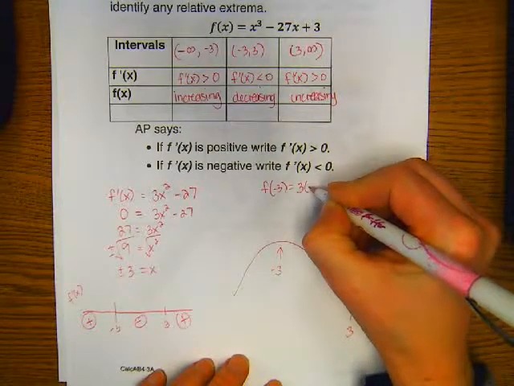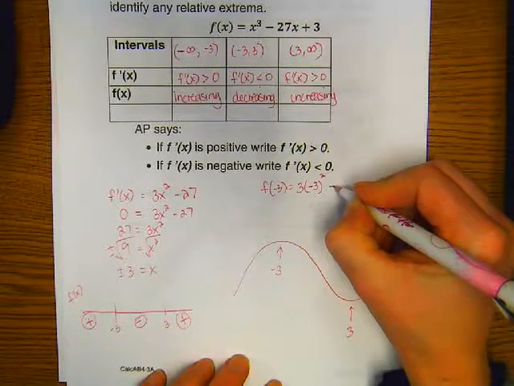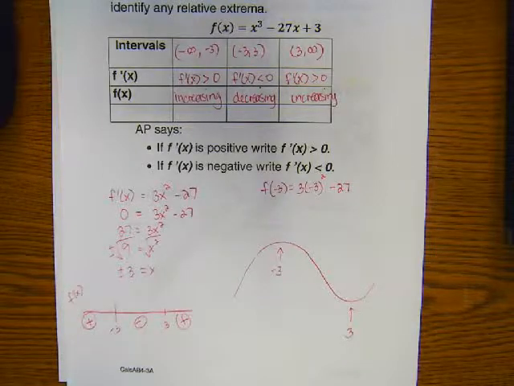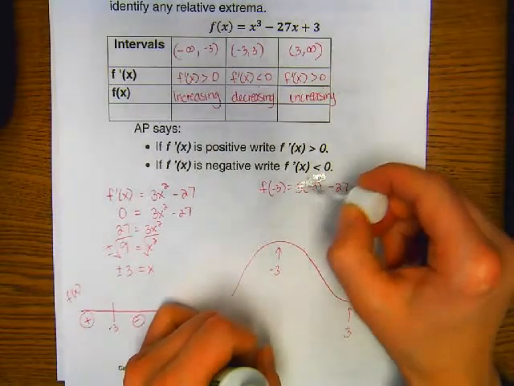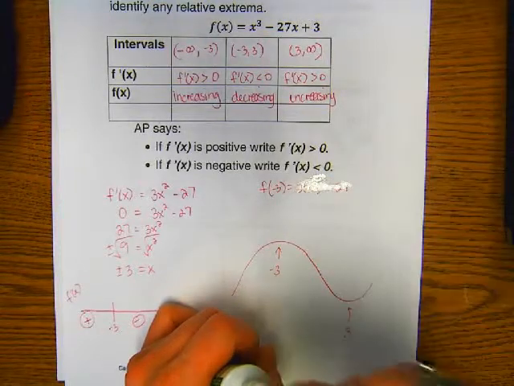F of negative 3 would be 3 times negative 3 squared minus 27. Oh, sorry, my bad, my fault. That's going to be a 0. This is the function, f of negative 3. I was using its derivative.